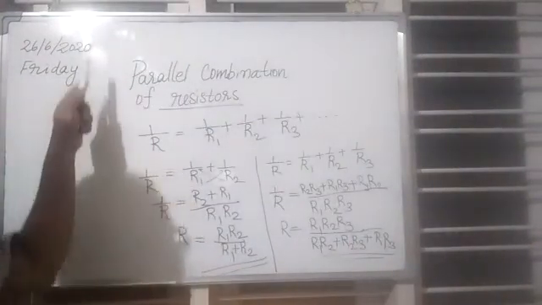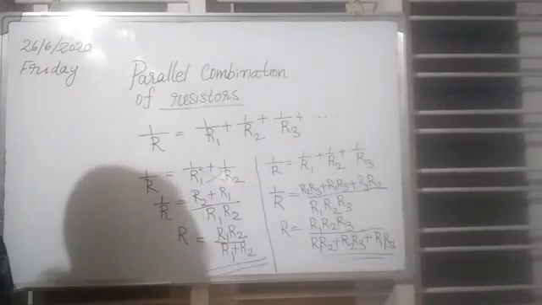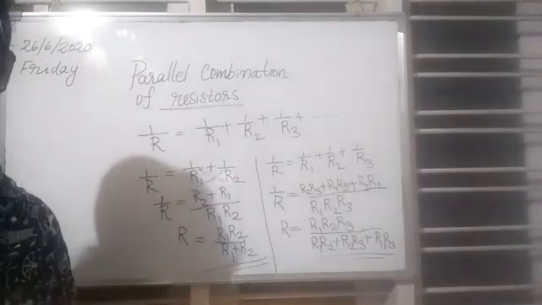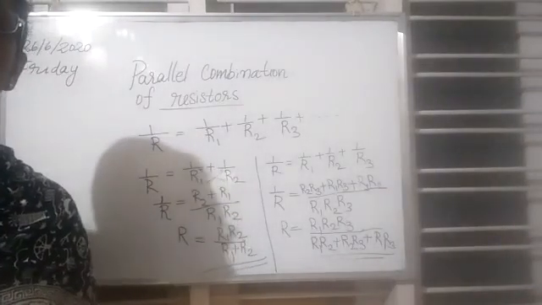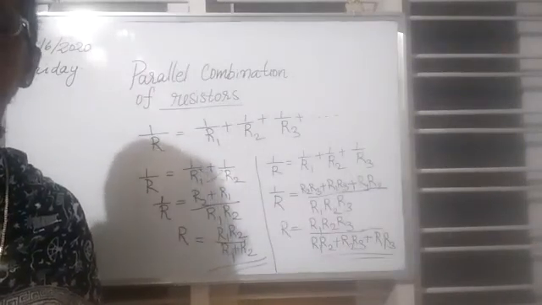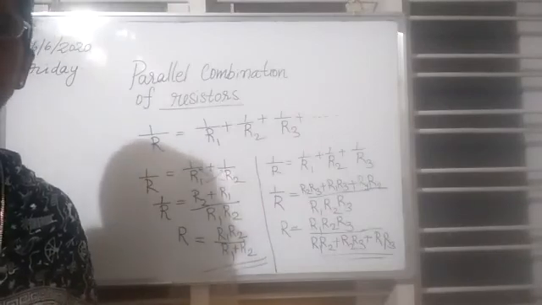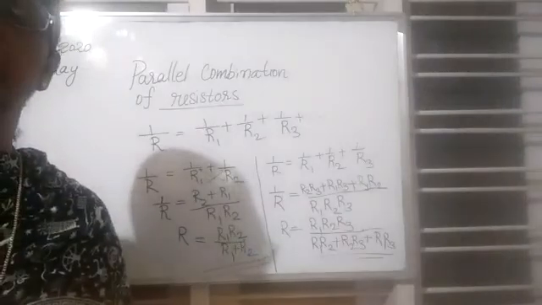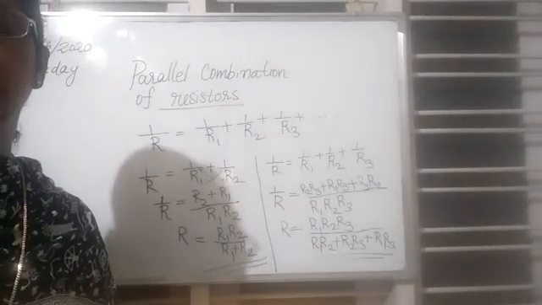So these are about the second combination, parallel combination of resistances. In the parallel combination, the important point to note down is V is constant, potential difference is constant, and I divides according to the value of resistors in the circuit.